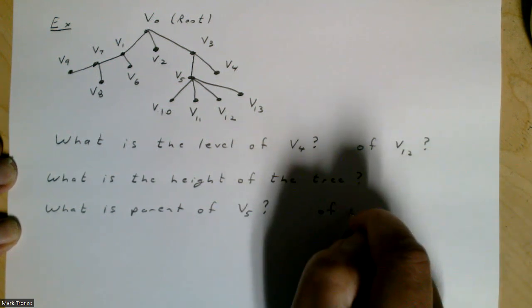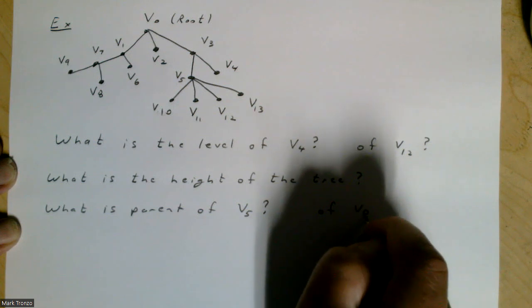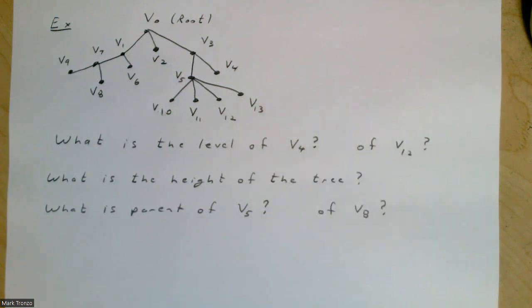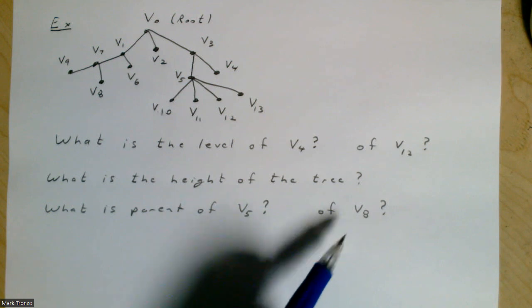And let's say V8. So it's asking what's the parent of V5, what's the parent of V8?